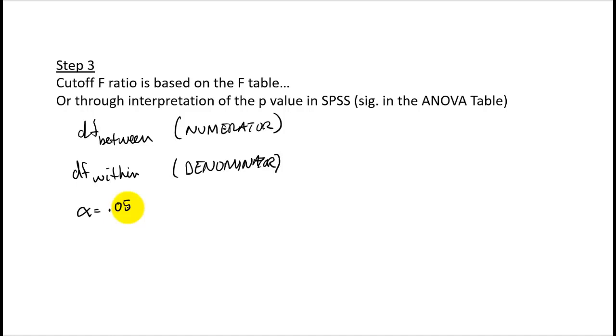When I consult the F table in the book, I'm looking for the row that has denominator degrees of freedom. In our example, we have 15 participants altogether in 3 groups. Okay. So our between subjects degrees of freedom is equal to n groups minus 1, which is equal to 3 minus 1, which is equal to 2.